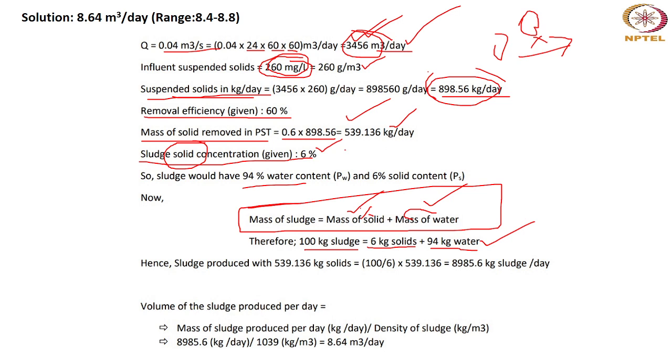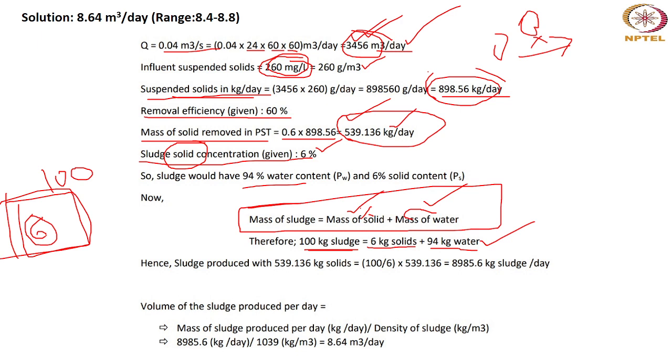Then we have this much amount of solids, right? 6 kg of solids produce 100 kg of sludge, including 94% of water.